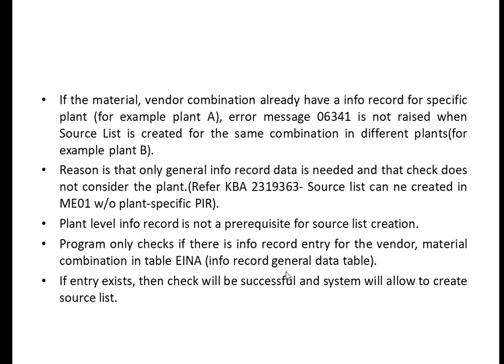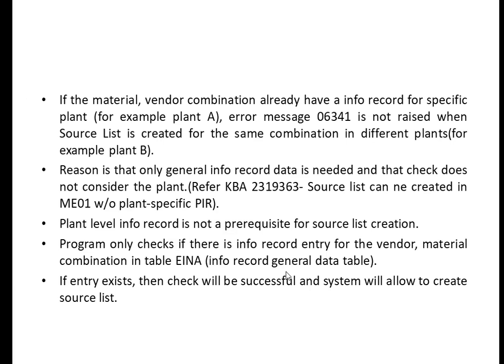During source list creation, what will the program do? The program will check for which material and vendor we are trying to create the source list. The system will take that material and vendor information and pass it to the info record general data table. EINA is the info record general data table, right?